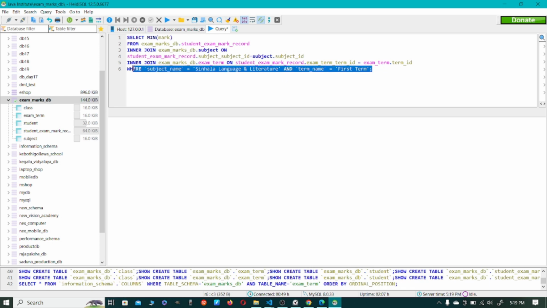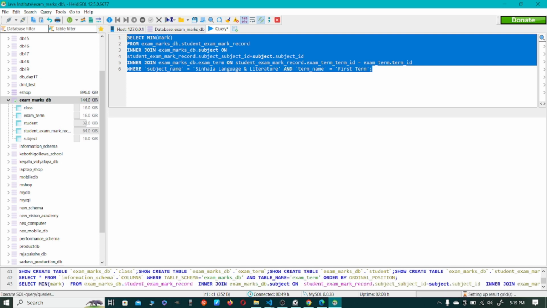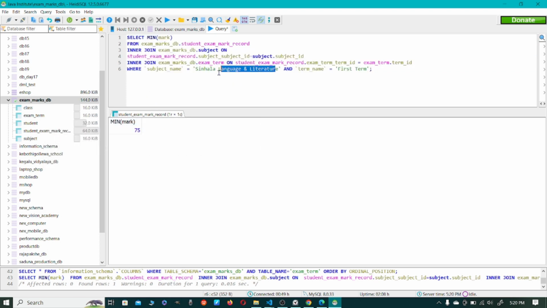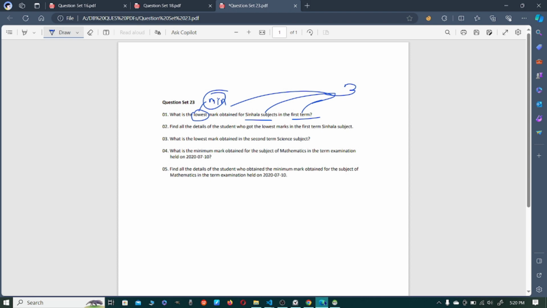Both of these conditions must be satisfied in order to get our final result, the minimum mark. Let's execute it. As you can see, we have received the answer 75. So the minimum mark is 75 in the first term for this subject. Let's see the next question.